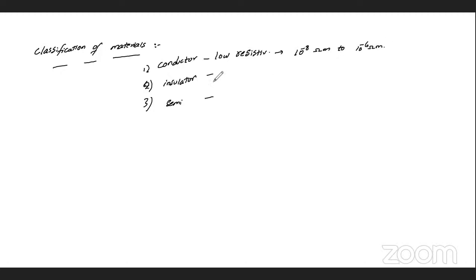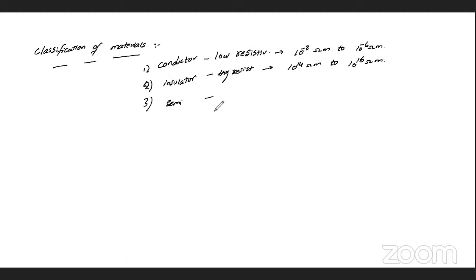And insulators have high resistivity, because current does not flow here. The range is more than 10 power 4 ohm meter, or for very high resistivity values, 10 power 14 ohm meter to 10 power 16 ohm meter.